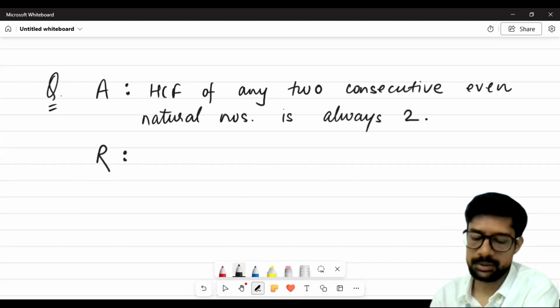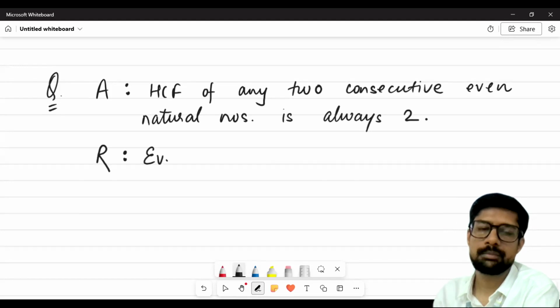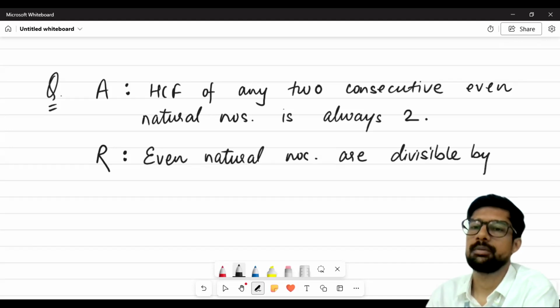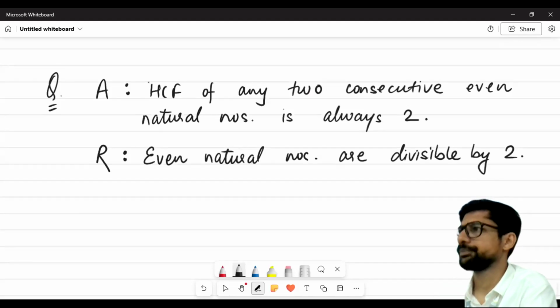And the reason given is: even natural numbers are divisible by 2.